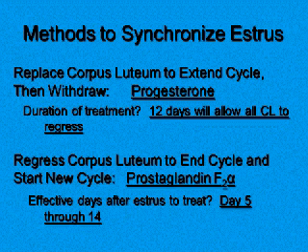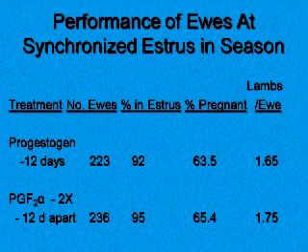But a single injection will cause regression from day 5 through 14. And after 14, those ewes are going to come to heat anyway. They're already on the way. So that gives us the basis for studying whether these hormones can be used effectively and for ultimately using them.